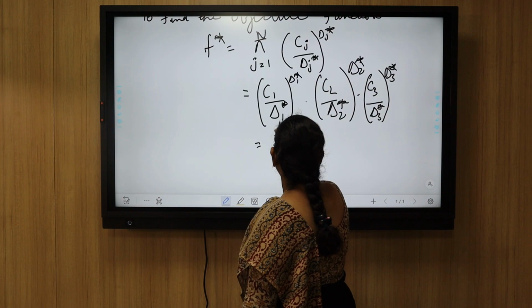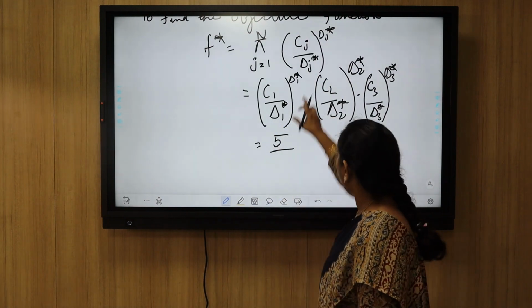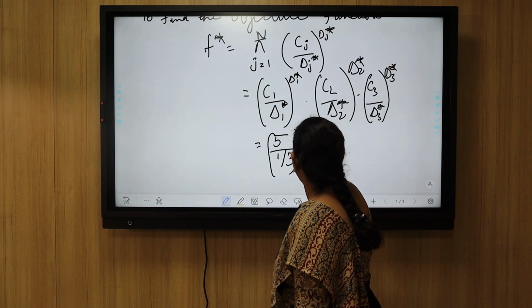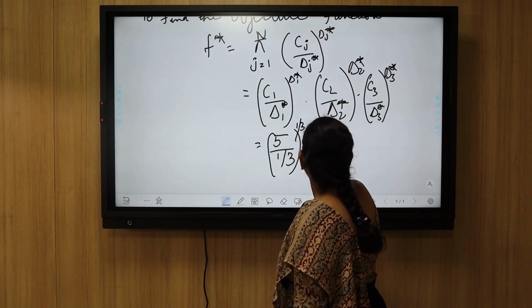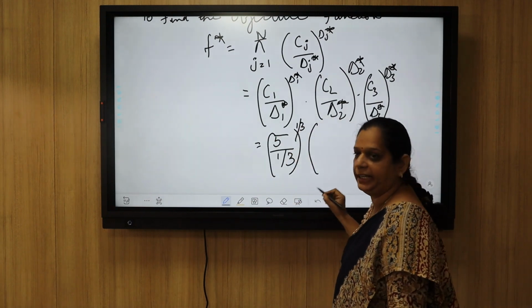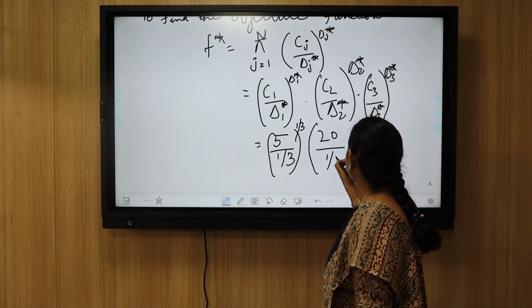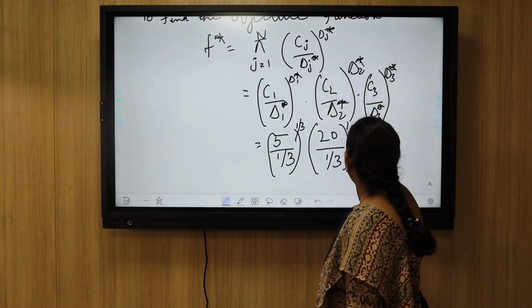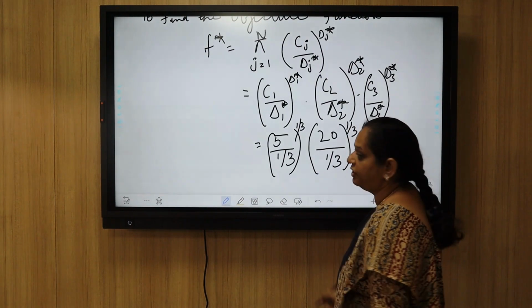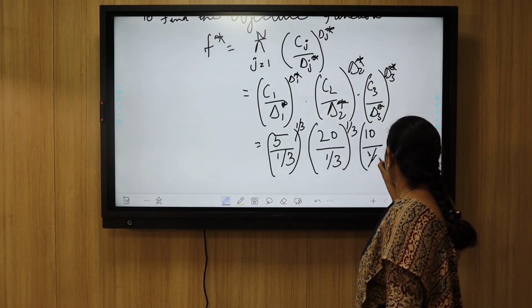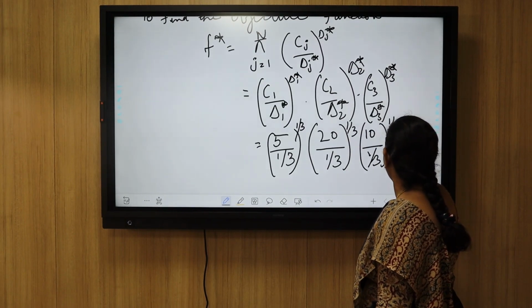Then what is your delta 1 star? Delta 1 star we already got as 1 by 3, whole to the power of 1 by 3. Then C2 value is 20 and delta 2 star value is 1 by 3, whole to the power of 1 by 3. And third, C3 value is 10 by 1 by 3, whole to the power of 1 by 3.